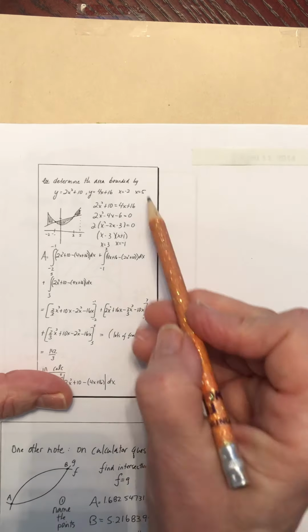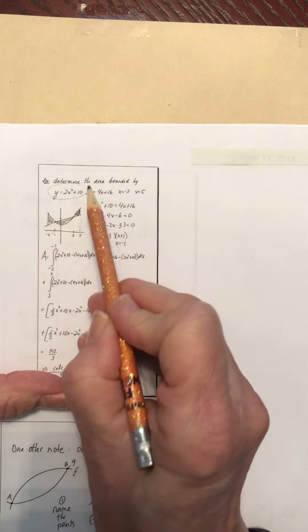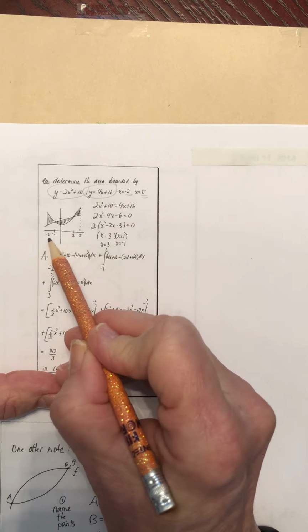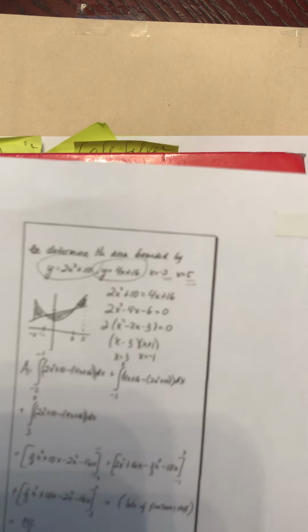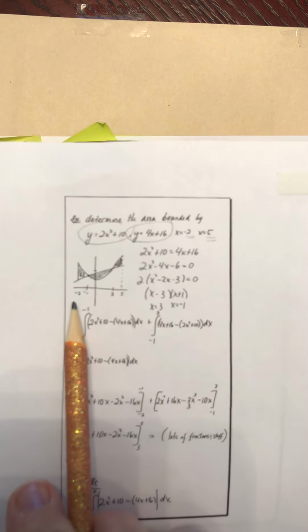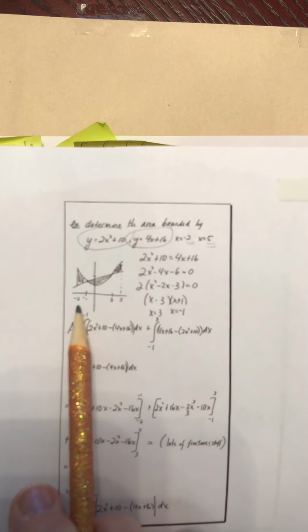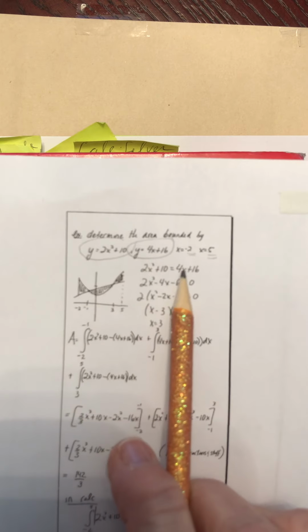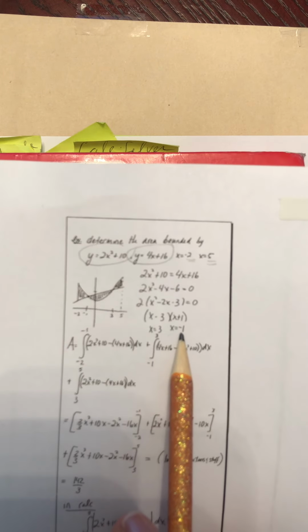Okay? So they're given a parabola, a line, and two spots, probably a start and a finish. So if you can see this here, so we're going from -2 all the way to 5, but within there they start to cross. So you find out where they meet. You put them equal to each other and you come up with these values here.